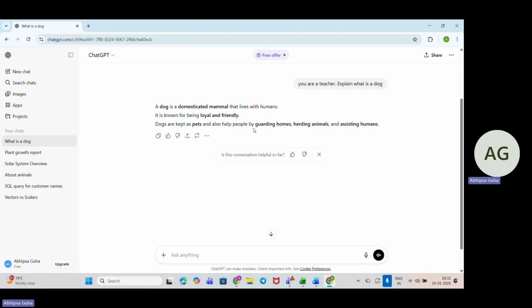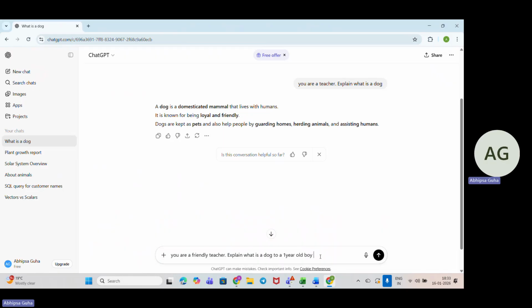And finally, I am adding this prompt: you are a friendly teacher, explain what is a dog to a 1-year-old boy. Let's put it 1 year, 10 years is too big.